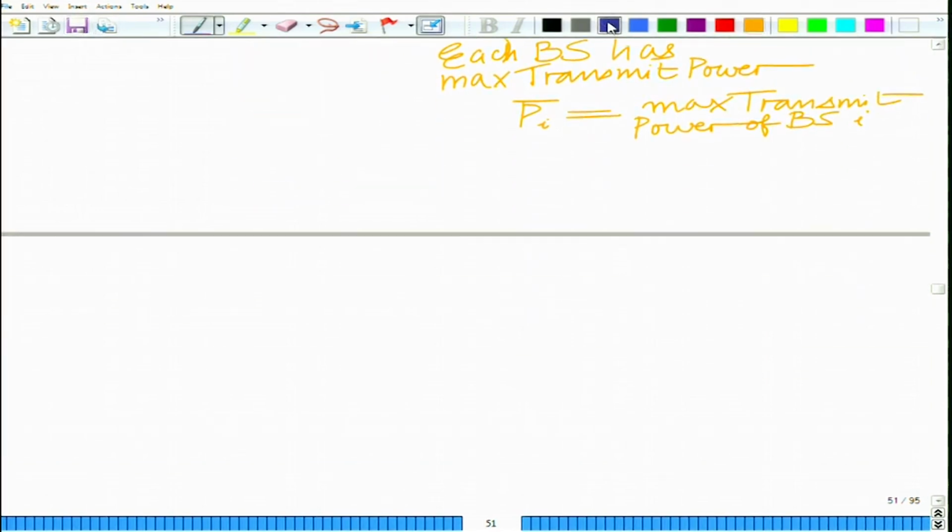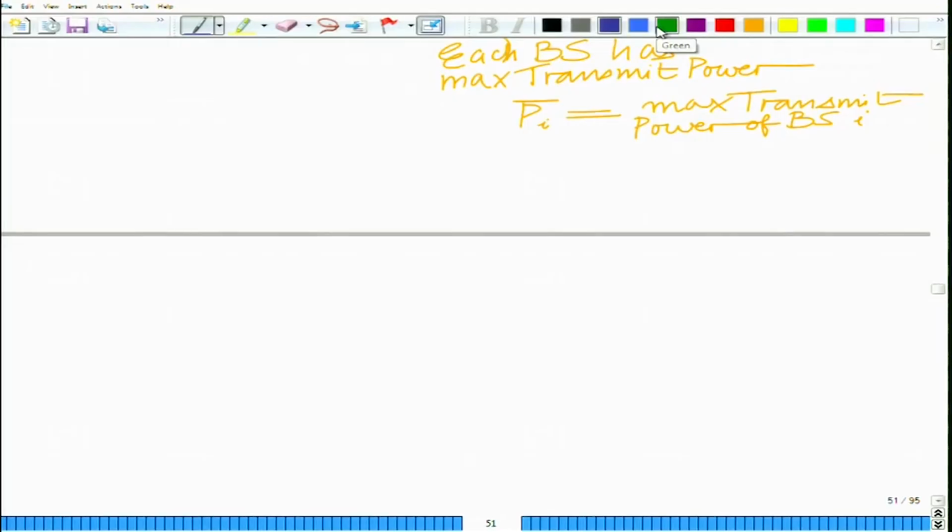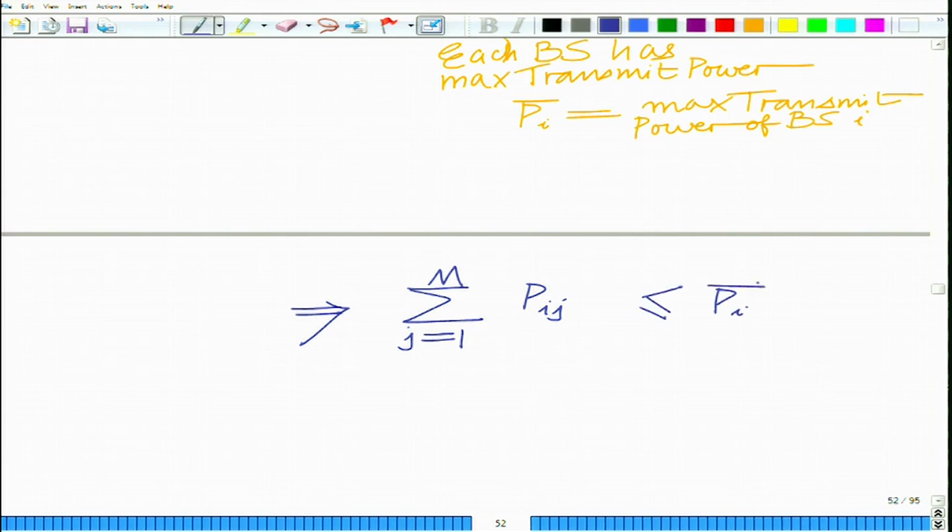Now, what does it mean? The power that is transmitted to all the M users by each base station i has to be less than or equal to this quantity P i bar, because this is the maximum possible transmit power. So if I look at any particular base station and sum the power over all users, the summation of P i j has to be less than or equal to P i bar.